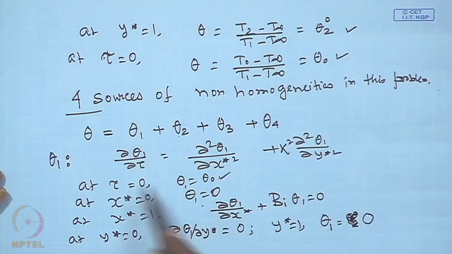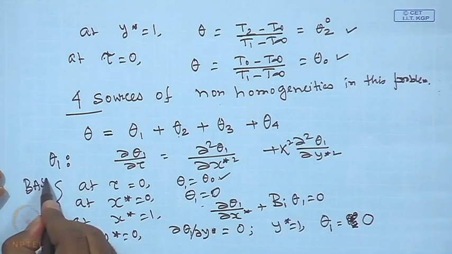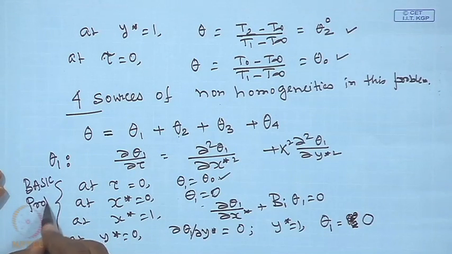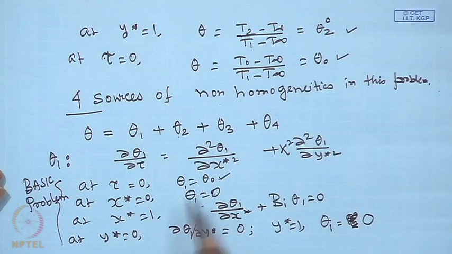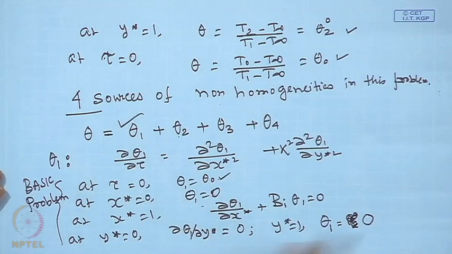So, this is a basic problem, or a well posed problem. We have already seen the solution of this. So, we know the solution of theta 1. Now, let us look into the other parts.